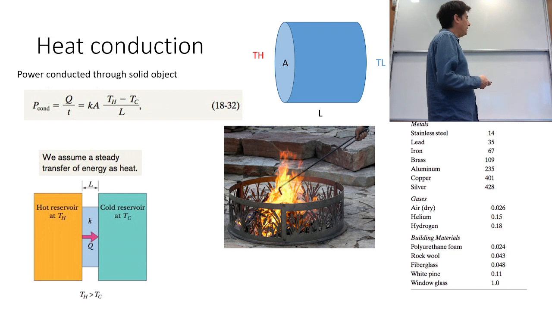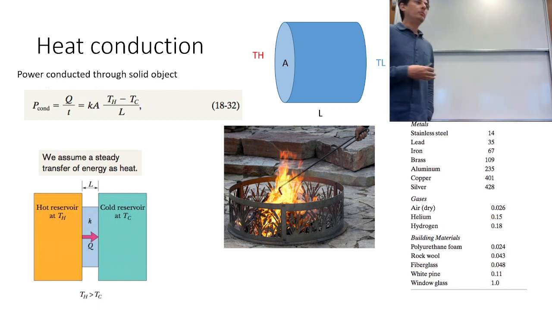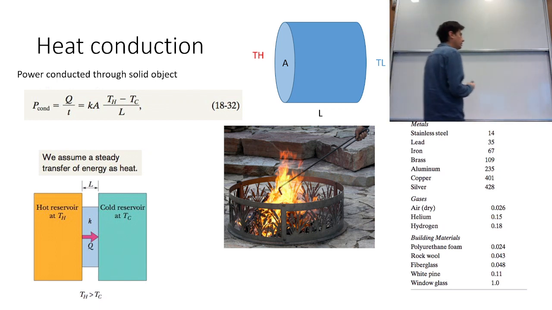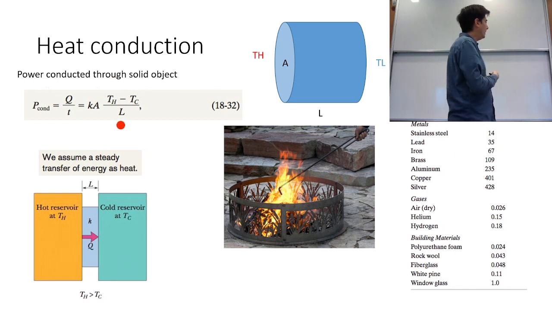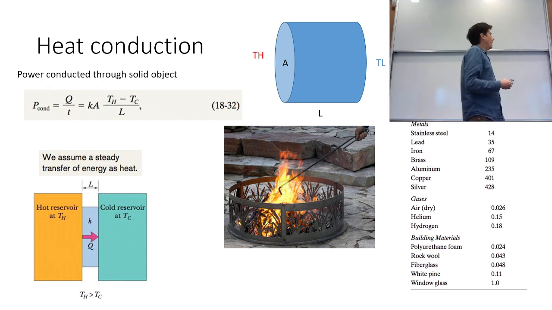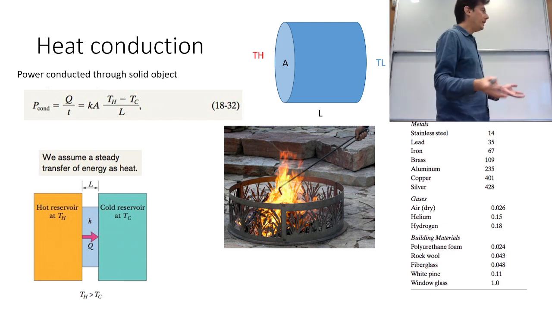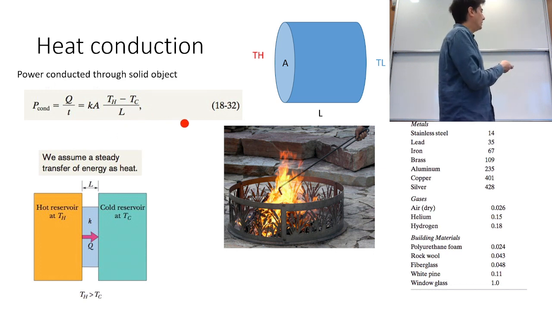Just to recap, if you have some material, you can work out how much energy is transferred through it according to this particular formula. This is the power, and more energy is transferred if the cross-sectional area of the material is larger.